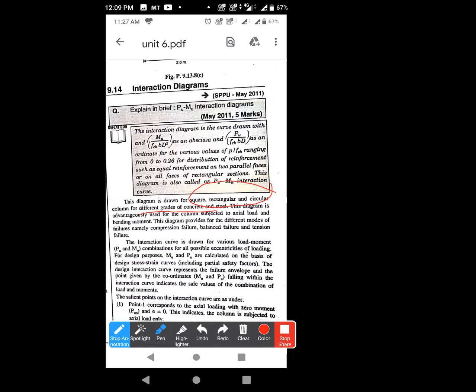This diagram is advantageously used for columns subjected to both axial load and bending moment. This diagram provides for the different modes of failure, namely compression failure, balanced failure, and tension failure.